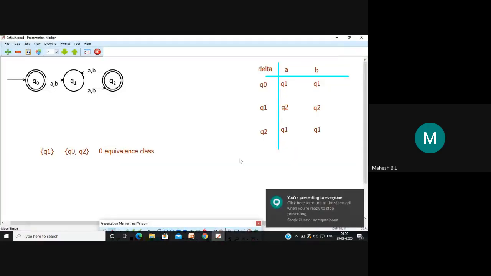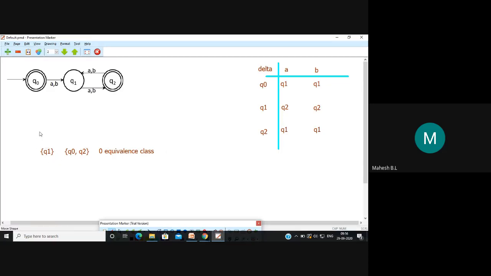I hope all of you are following this. So initially these are the equivalence classes. We assume that all accepting states are in one class and all rejecting states are equivalent. There is only one rejecting state, Q1, in one class, and two accepting states in another class. In this class there is only one element, so you cannot distinguish it further.